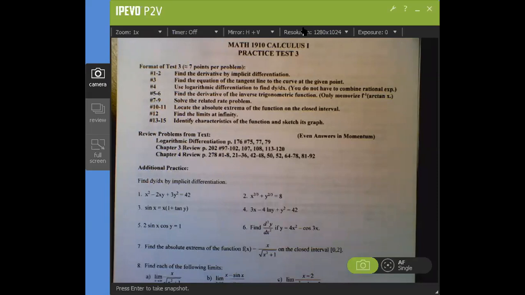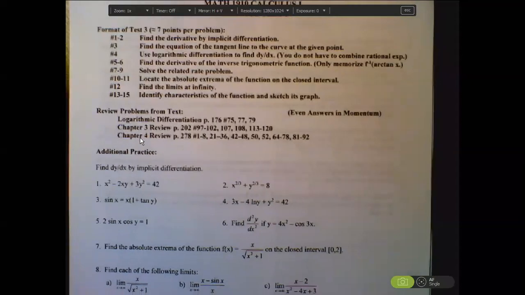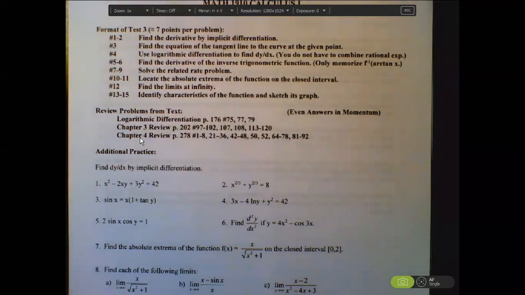Well, I have your test made in my math lab. Sometimes it's a little bit difficult for me to judge the difficulty of a problem looking at it online like that, but I think that I've chosen problems that are mostly medium level of difficulty, maybe a couple easy, maybe one hard, but mostly medium.